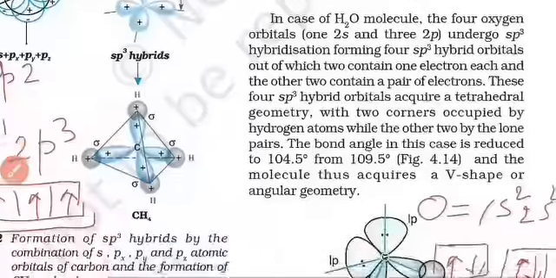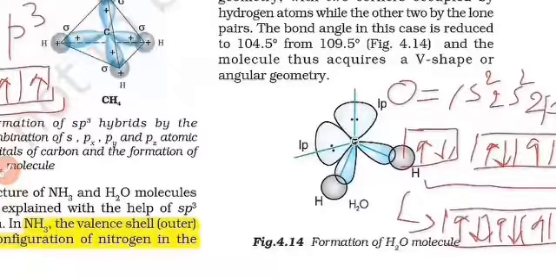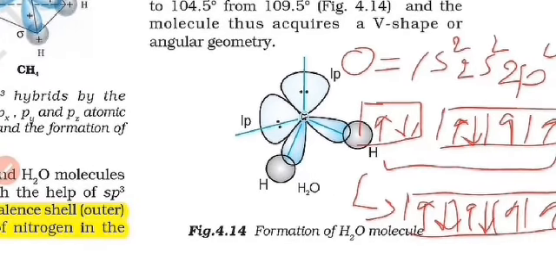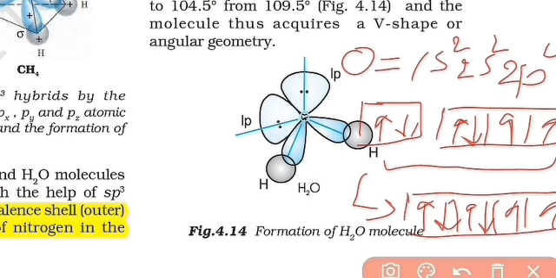In the same way, we can understand molecular shape and bond angle in water molecule. In water molecule, the central atom is oxygen. Configuration of oxygen in ground state is 1s2 2s2 2p4. In block diagram, we can show its configuration like this. This configuration is same for ground state and excited state.